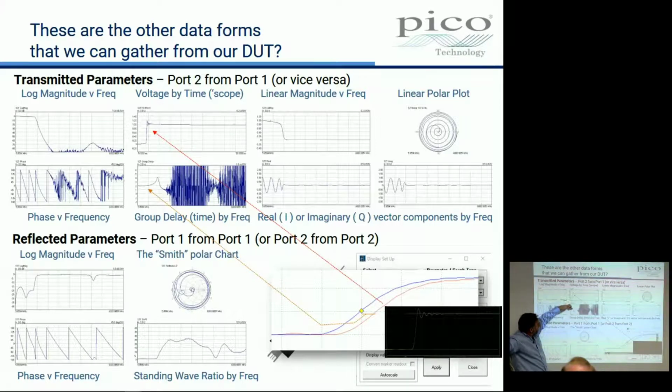Now, this is interesting. As frequency goes up, the signal gets delayed a bit more. So if we were to take a little group of frequencies, down here they're delayed by 2 nanoseconds.